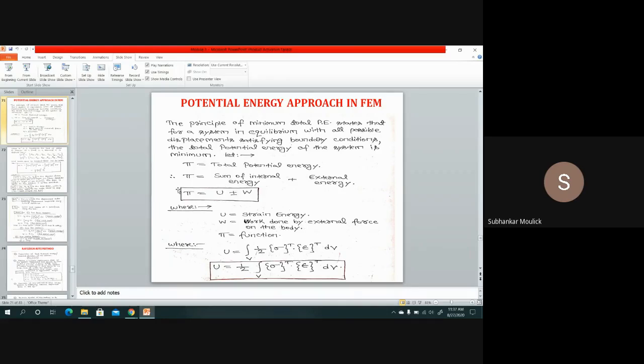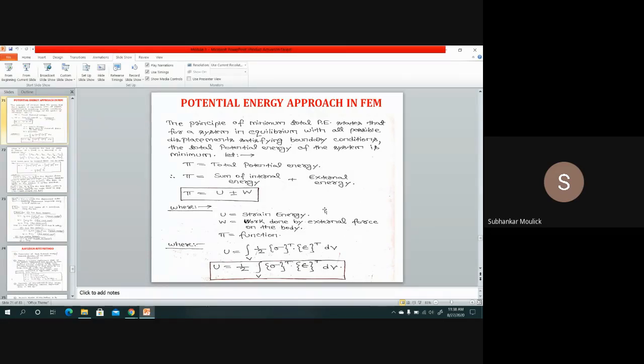I told you that the total potential energy, or potential function, of any body is given by the summation of internal energy as well as the external energy. And I also told you in the last class that these external energies are all negative energies.